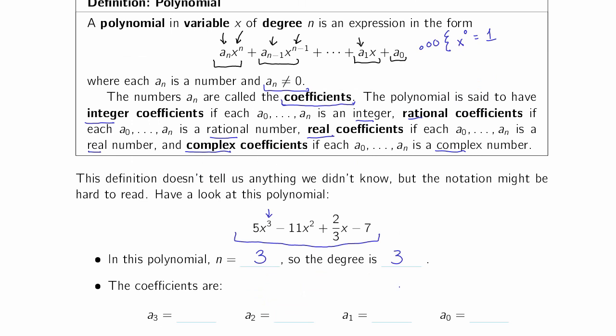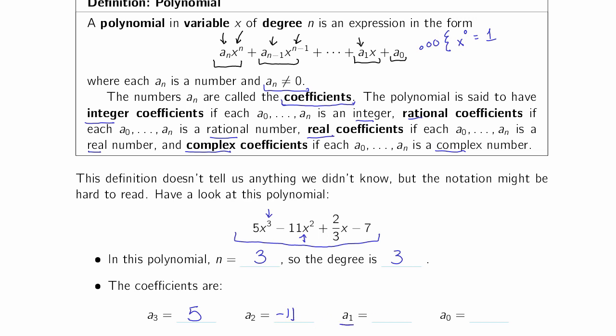The coefficients are a subscript 3. That's the coefficient of x to the third. That's 5. A subscript 2, that's the coefficient of x squared. That's negative 11.